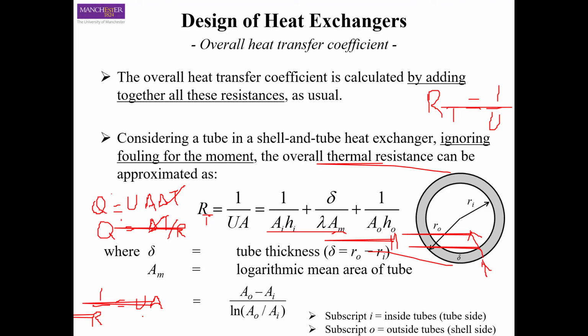Then you can write it in the form of R, so R is equal to 1 over UA. So we can derive this equation here.